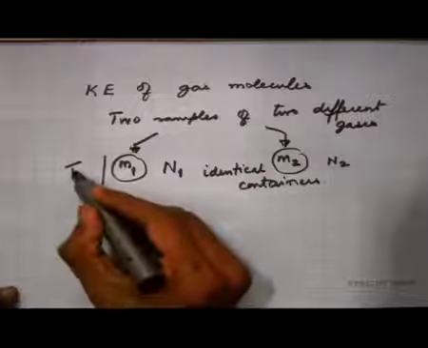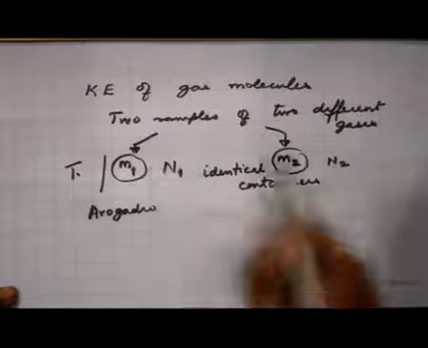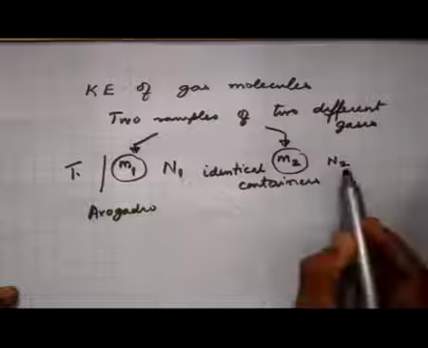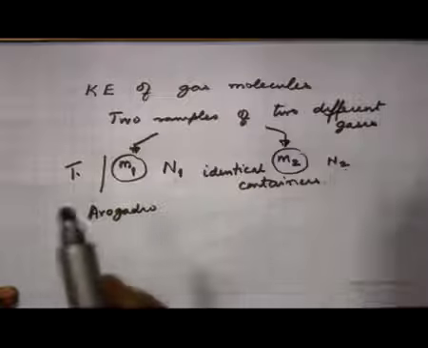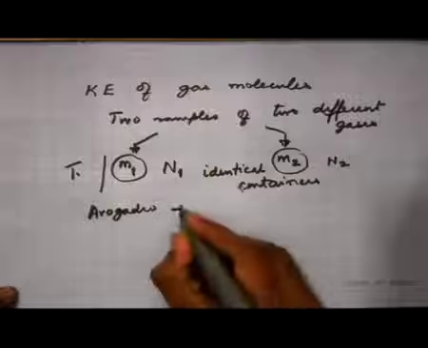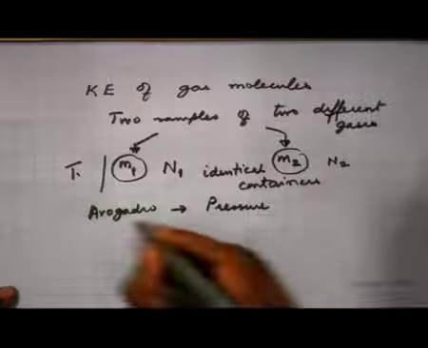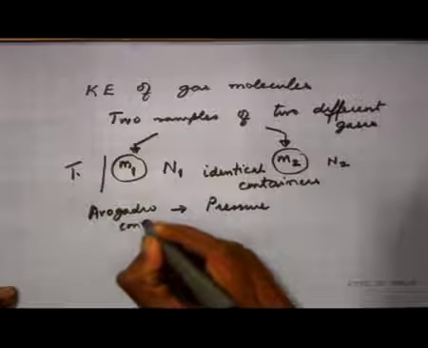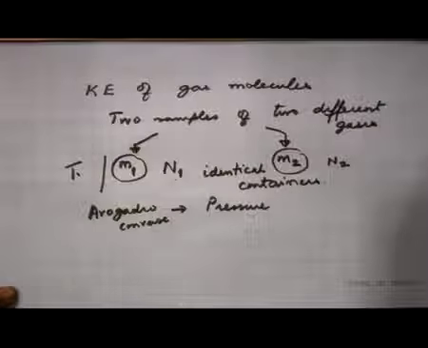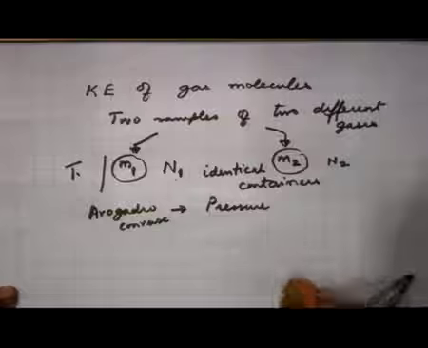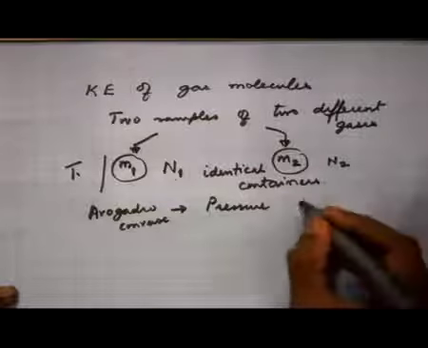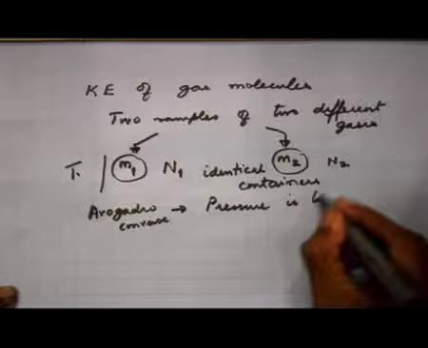I have the temperature the same, the masses are different, the number of molecules are the same, I have ensured this. So, the pressure has to be the same. So, I am applying the Avogadro principle in the converse fashion. So, the pressure is the same in the two gases.